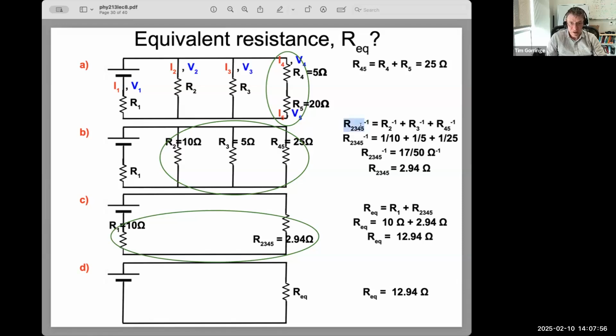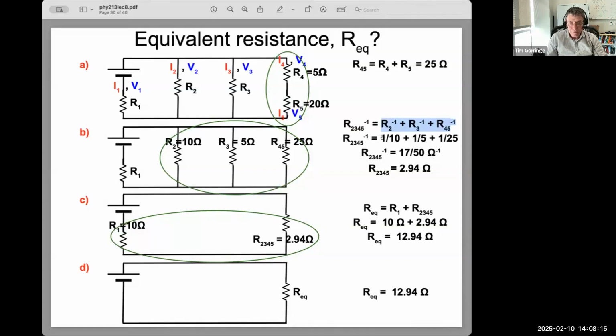The equivalent resistance, I'm going to call it R2345, because it really is equivalent to those 4 resistors. The inverse of that equivalent resistance is the sum of the inverses of these 3 individual resistances.